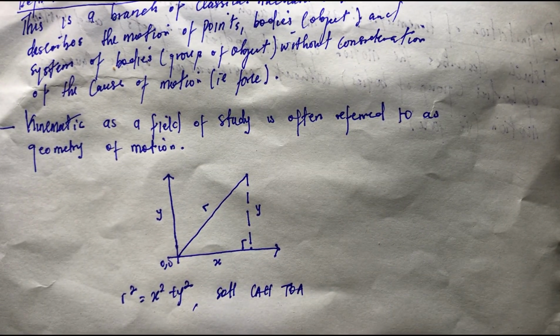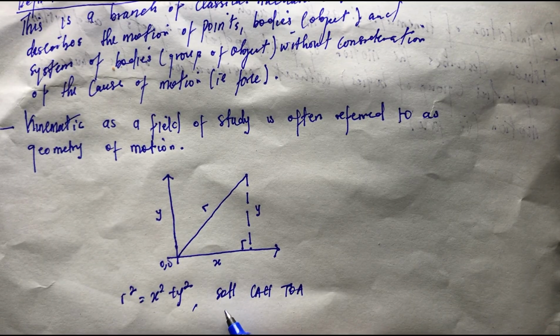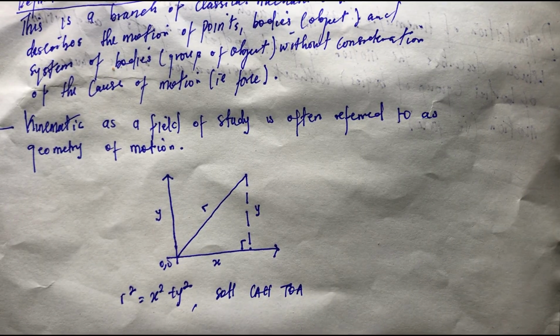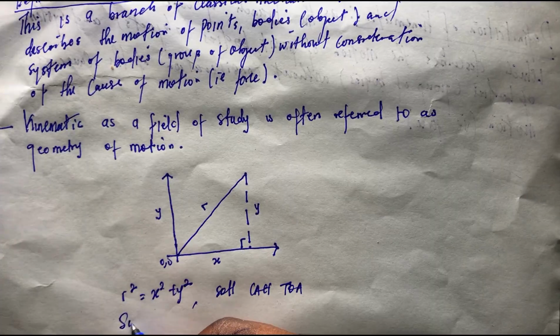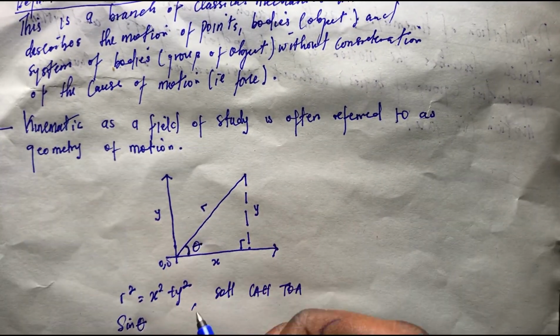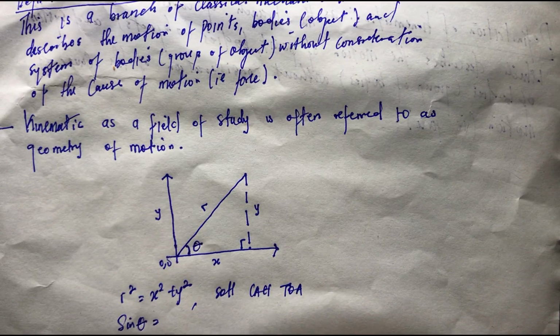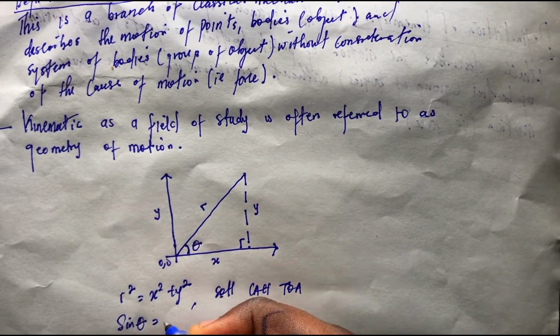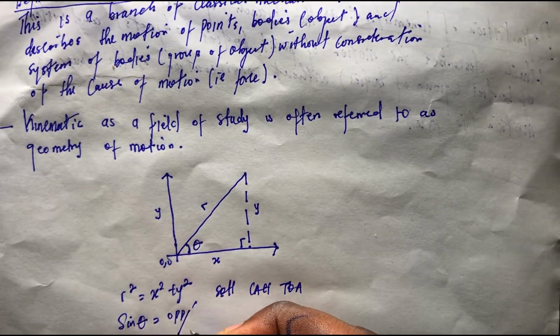We're still familiar with this, whereby it shows us the relationship between sine, cos, and tan. So this is sine of the angle theta. Sine of angle theta is equal to the ratio of the opposite side to the hypotenuse.